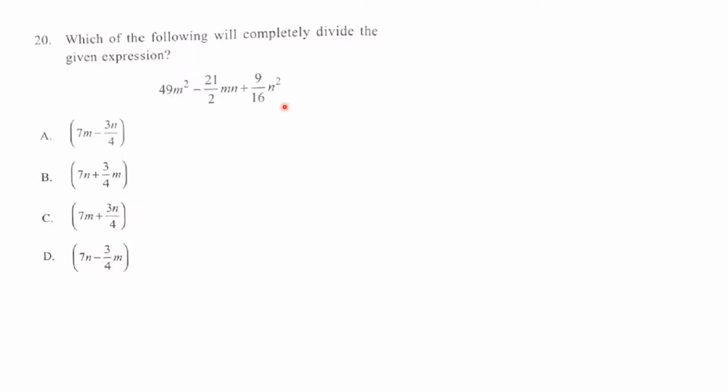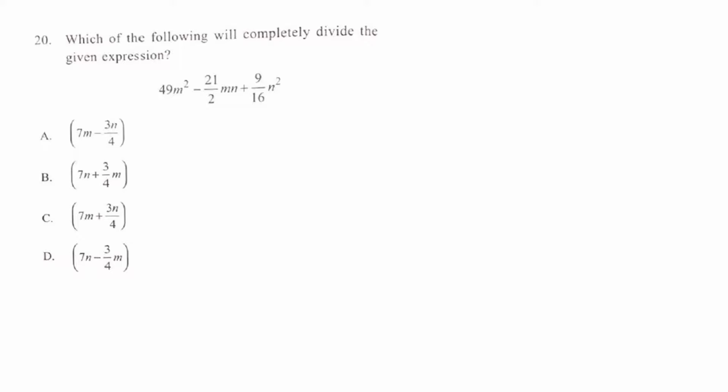So now if you see here, this 49m square I can write as 7m whole square, and from here 9 by 16 I can write as 3 by 4n whole square. It means in the options, wherever it is 7m and 3 by 4n, first of all those should be the options.